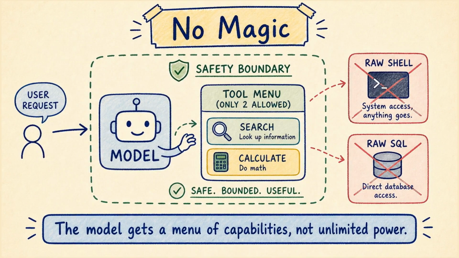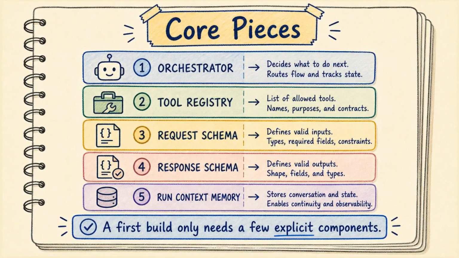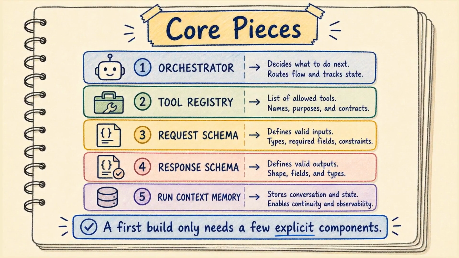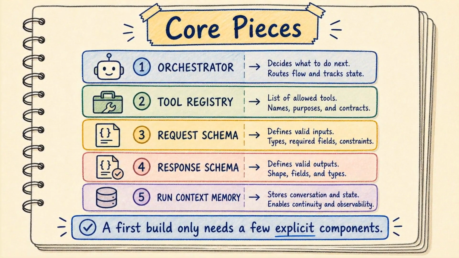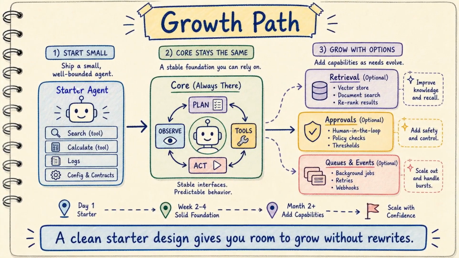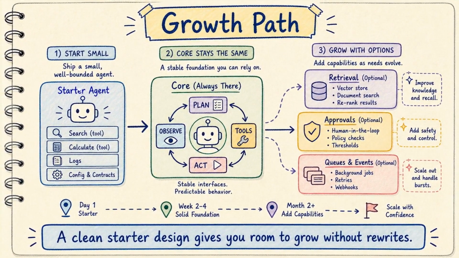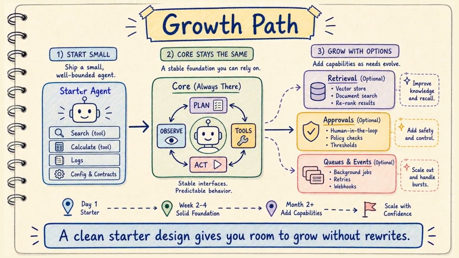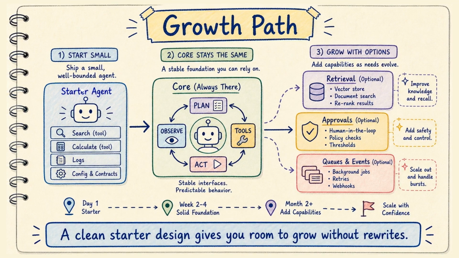It gets a menu of allowed capabilities and a set of rules for using them. For a first Python build, that means one orchestrator object, a registry of tools, typed request and response schemas, and a small amount of memory in the current run context. That architecture gives you a path to grow later. You can swap the model, add retrieval, add approvals, or move to queues without throwing away the basic design.